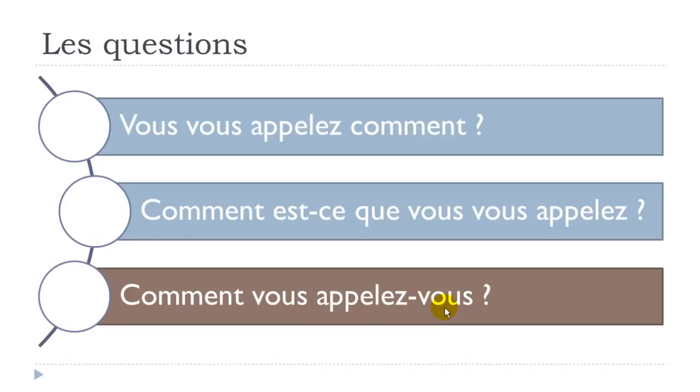So it's a bit tricky at the beginning, but just try to remember that, because it will always be the same way to create a question when you have these reflexive verbs. Comment vous appelez-vous? Okay, first one. Vous vous appelez comment? Second one. Comment est-ce que vous vous appelez? Last one. Comment vous appelez-vous?